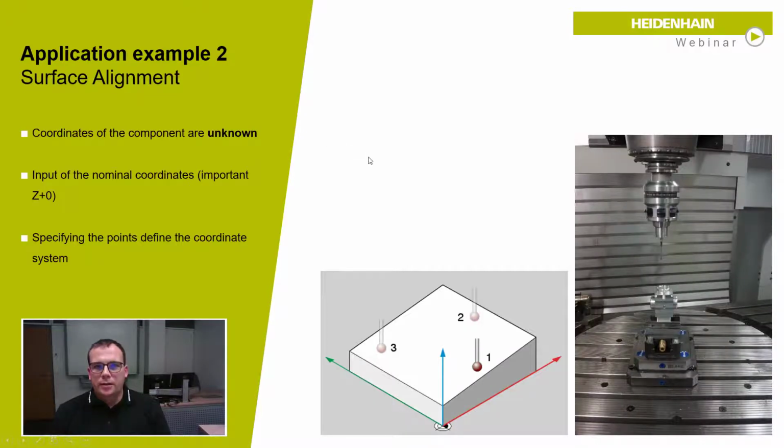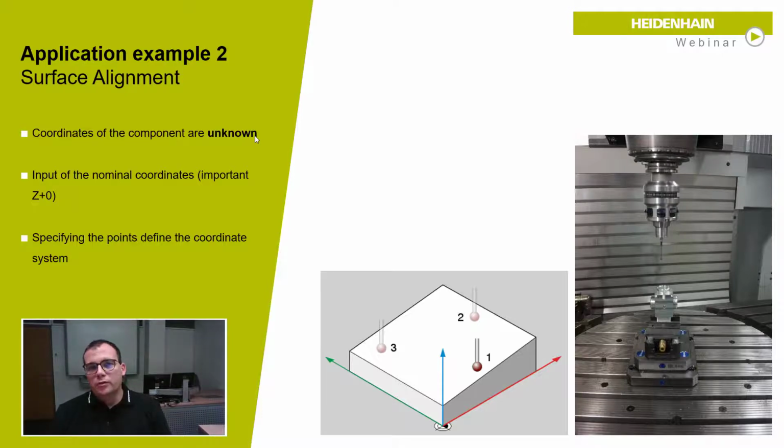The second application example is the same as before, but now we don't know the coordinates of my workpiece, so I don't know the exact position. Because this is an automatic probing cycle, we normally should know the position plus minus 2 mm to find the workpiece for probing.